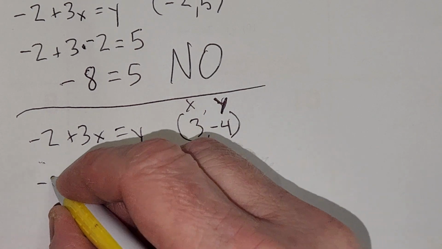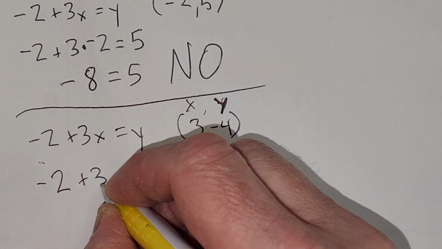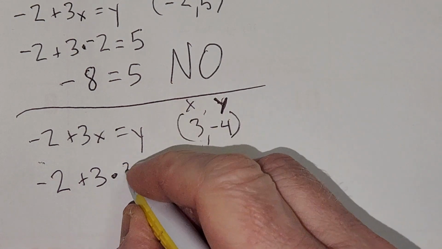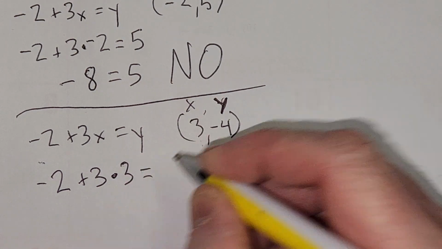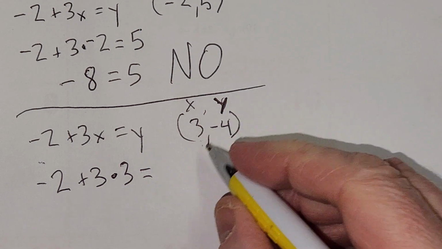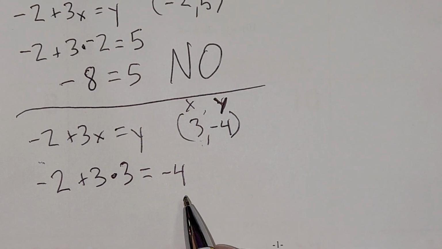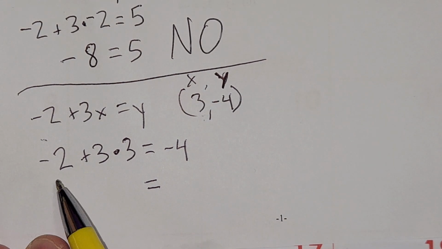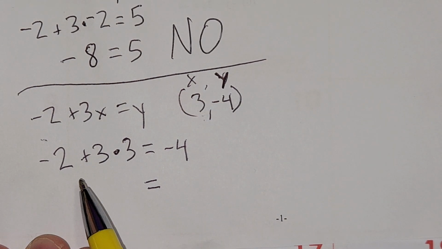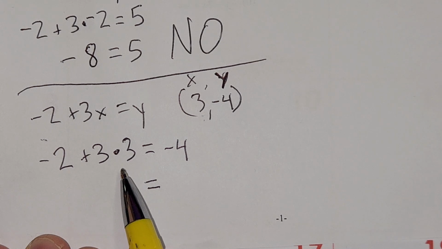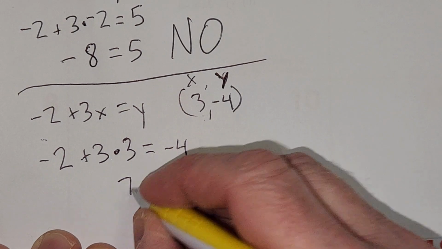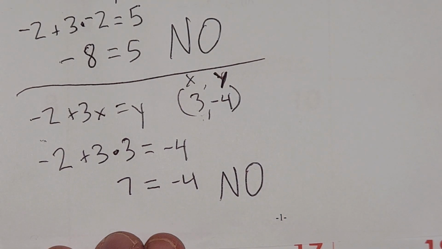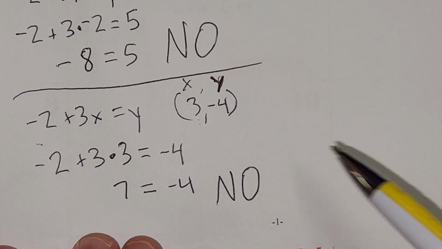So we have -2 plus 3 times, the x value is 3. And does that equal the y value, -4? So let's find out. -2 plus 3 times 3 is 7. Does that equal -4? No. So in this case, it's neither.